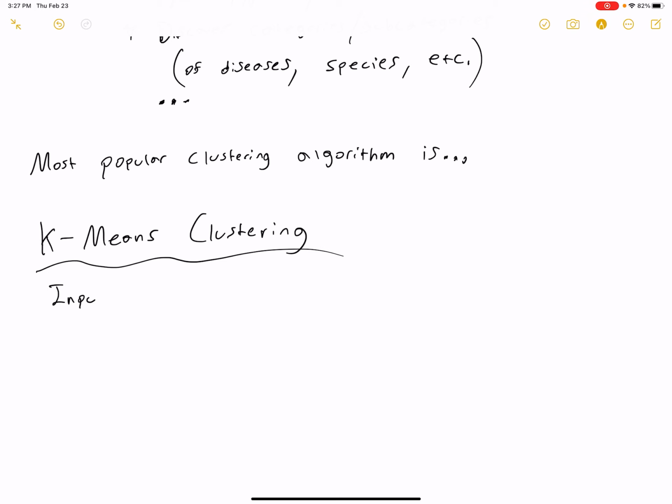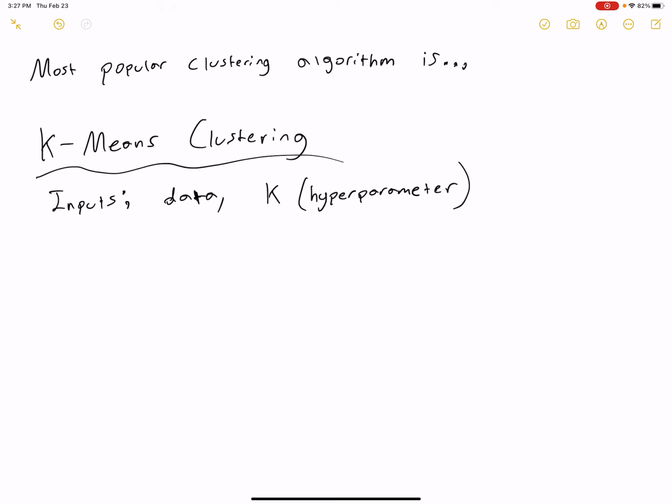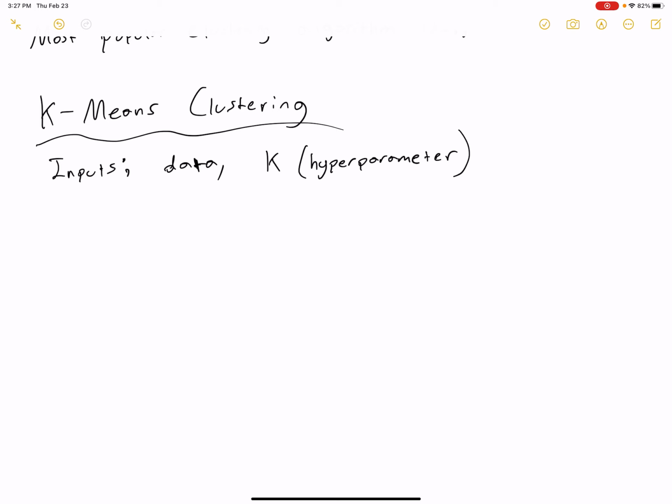So the inputs to this model is the data itself, which is of course unlabeled. So it's just the data, just the X. There's no Y to predict. And K, which is a hyperparameter. I mean, you could call it a parameter in this case because you're not even learning parameters, so it would be fine. But we want to be consistent, so we call it a hyperparameter. And the output is a cluster assignment or a group assignment of each data point.